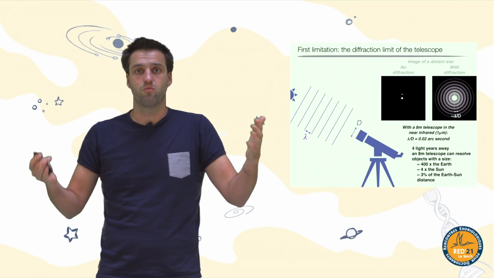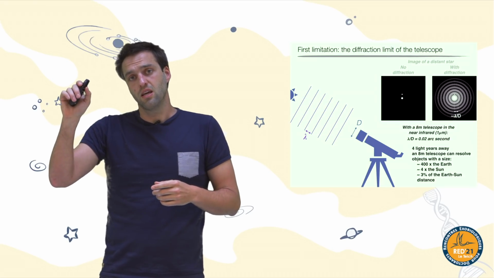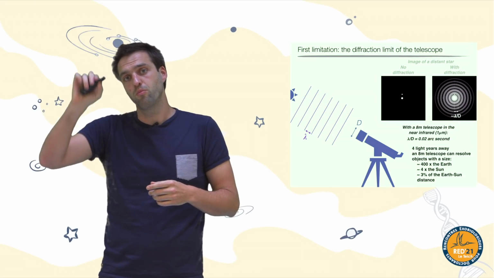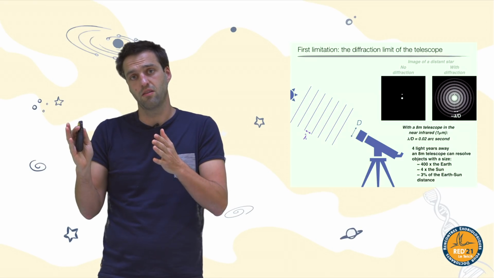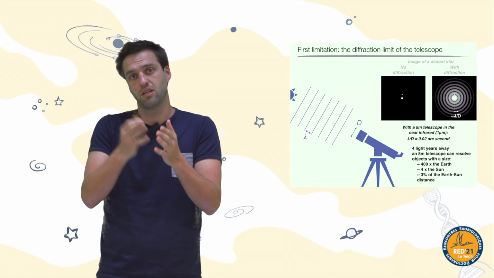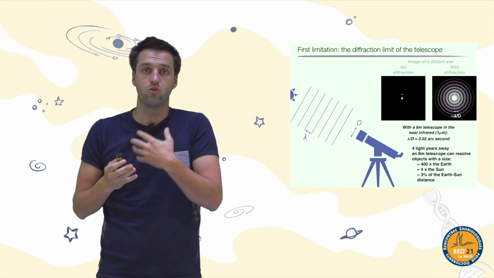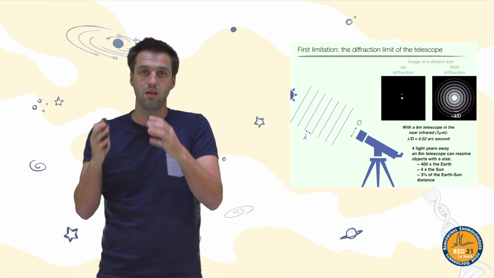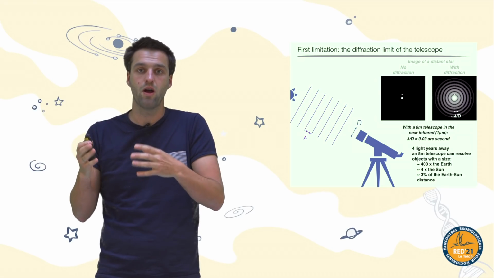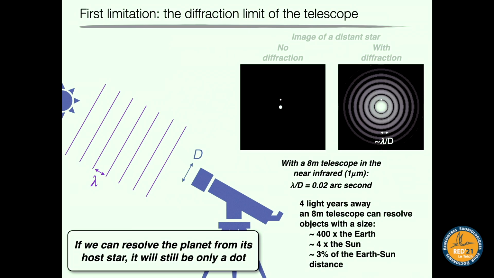So what it means is that if we have this 8-meter telescope looking at the closest star, we could see a planet if it were orbiting at the same distance from its star than the Earth is orbiting from the Sun. But still, this planet would be a dot, meaning that we could not. At the moment, it's completely impossible to image a planet the same way that we image the planets in our solar system.